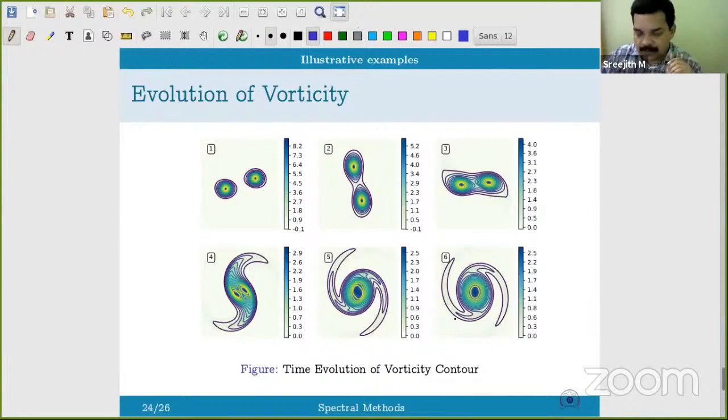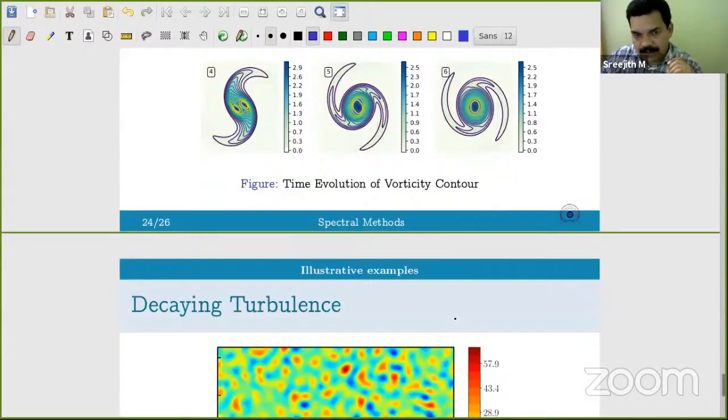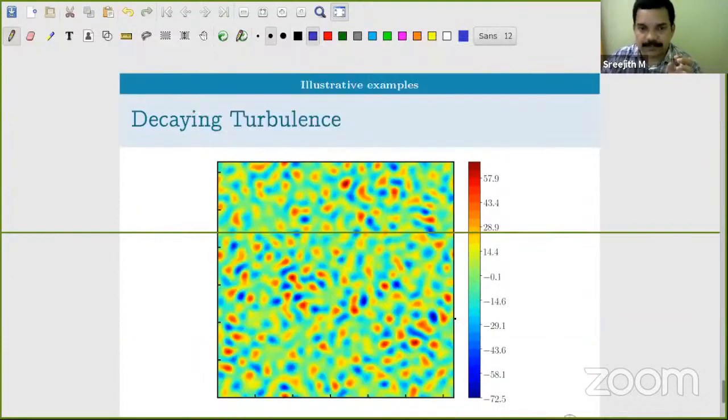Okay, so giving a random vorticity field in a two-dimensional domain, you can simulate the decaying two-dimensional turbulence. Initially, we will give a random vorticity, or with a given spectrum, you can give a vorticity field in the domain and allow it to evolve in time.